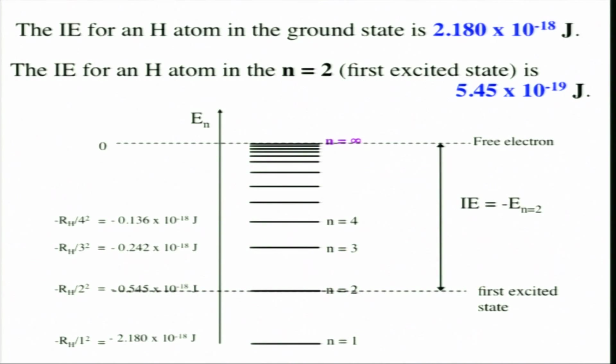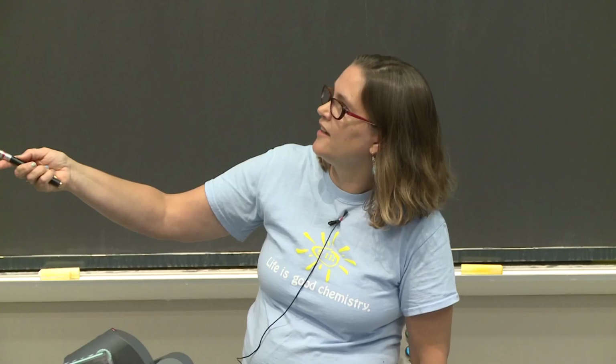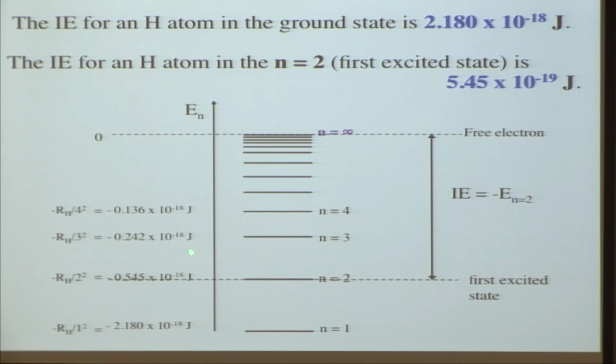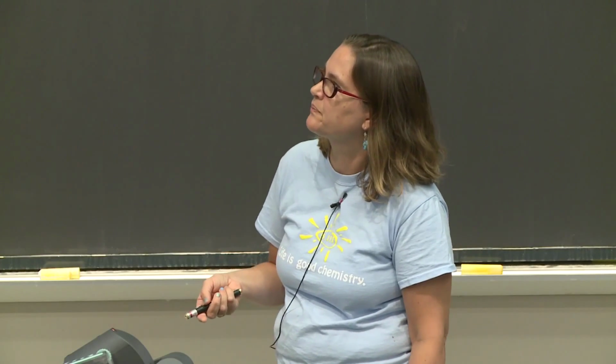And so that's going to be the positive value here. The binding energy was minus, if we change this, 5.0 times 10 to the minus 19th joules. Try to keep the significant figures the same.